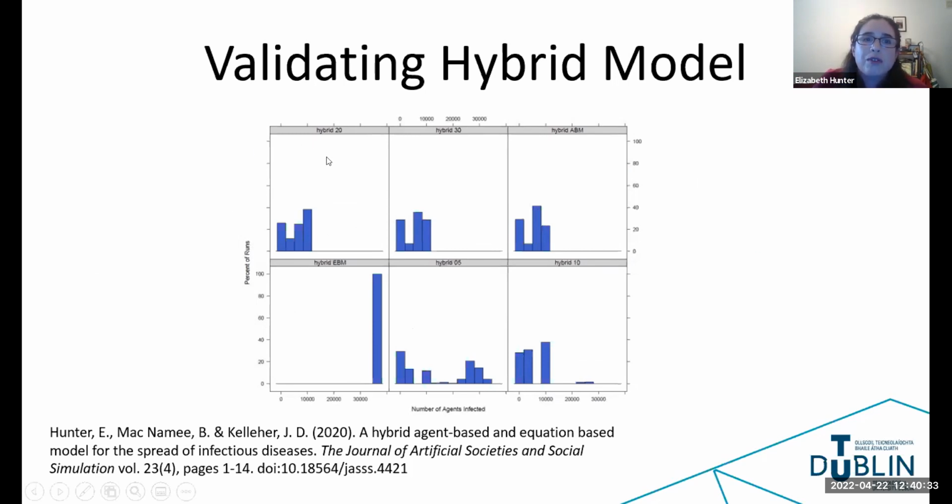So when 20% or 30% of agents within a town are infected and the individual towns switch at these thresholds, we start to match the distributions. And so we think that by switching at the town level, we can have a hybrid model where we don't lose a lot of fidelity in the model results by switching between an equation-based and an agent-based disease component.